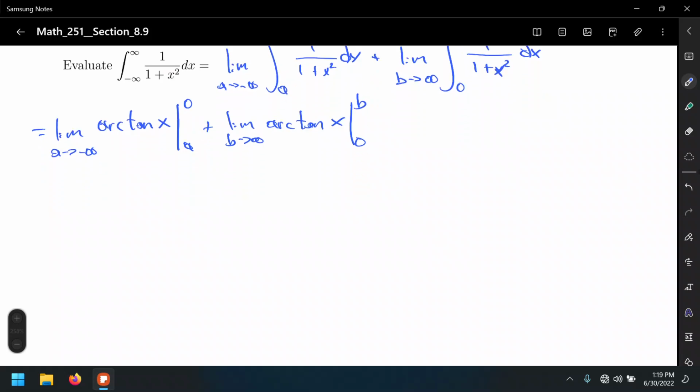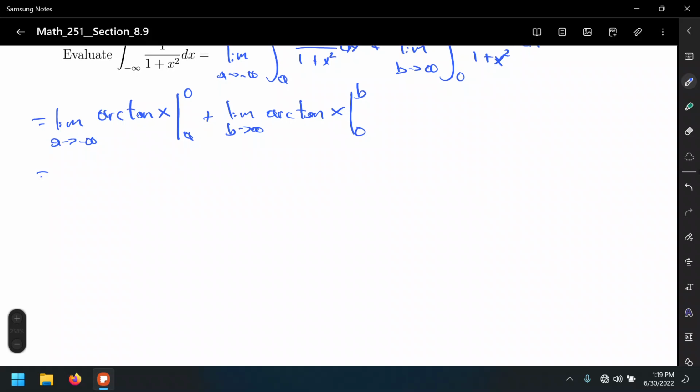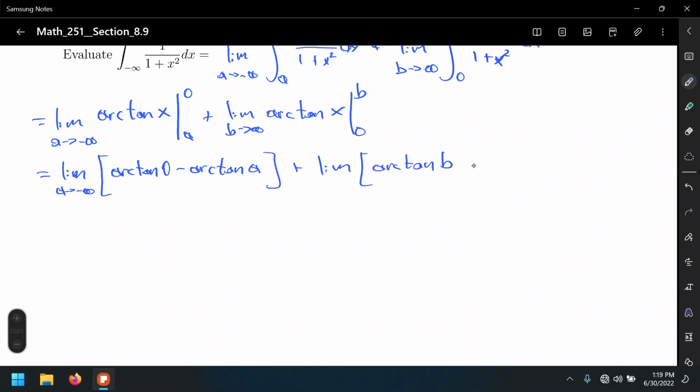So let's evaluate. That's the limit as a approaches negative infinity of arctan of 0 minus arctan of a, plus the limit as b approaches infinity of arctan of b minus arctan of 0.